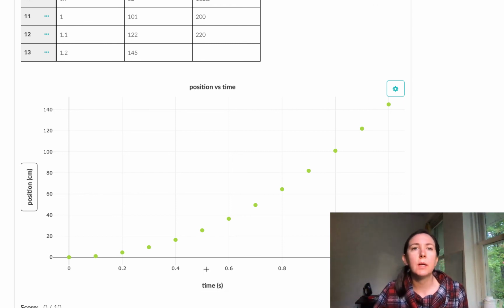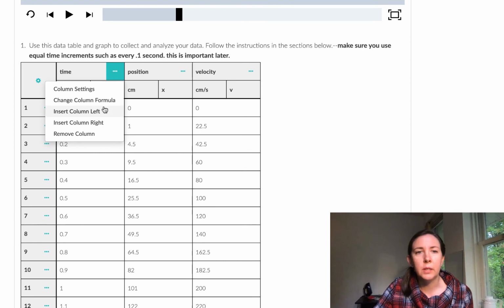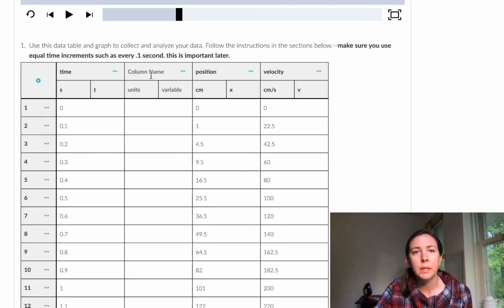So I'm going to come back up to my data table and insert a column to the right, and I'm going to call this time squared. That unit is going to be seconds squared, and the variable will be t squared.